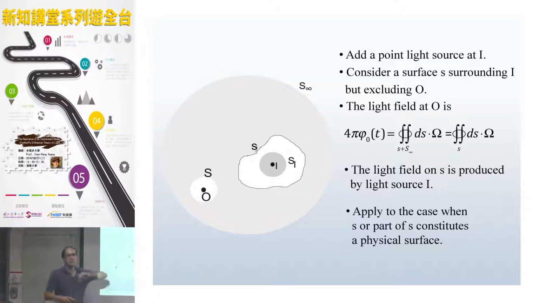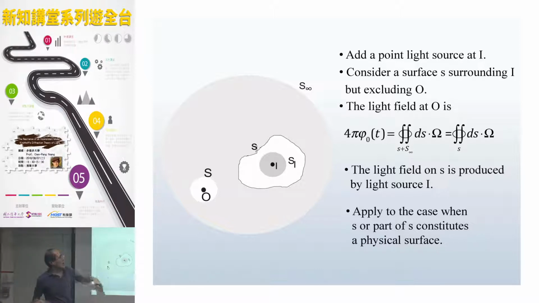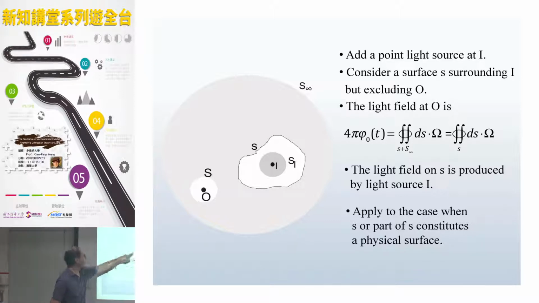Okay, so that was the situation when we have the surface circling or encompassing the point of observation. What about when the surface is outside the point of observation? In this scenario, Kirchhoff argued that we can do a similar thing by considering three surfaces: this existing surface S, the small surface capital S surrounding the point of observation, and the infinite surface at infinite space, right?